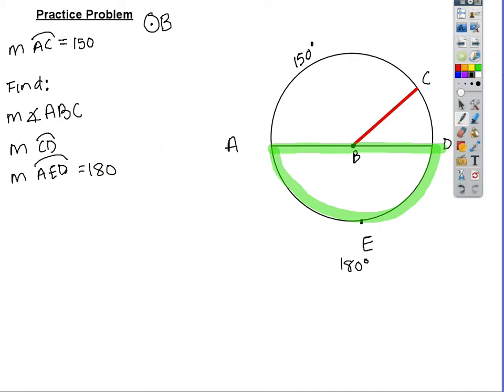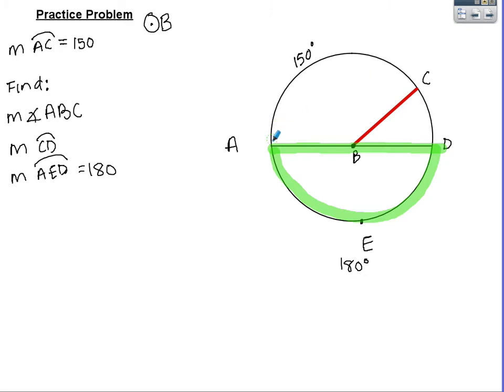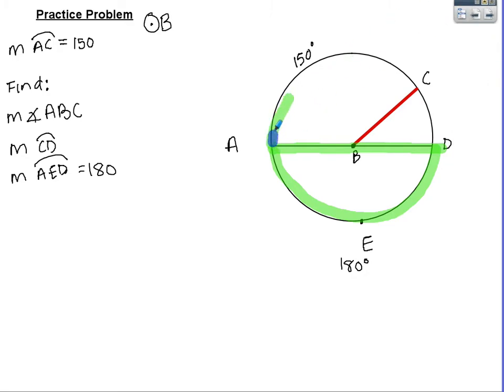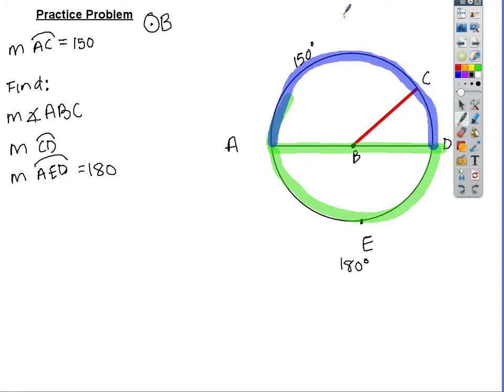We also know on the other side, I'm going to highlight in blue. Everything I've just highlighted in blue is 180 degrees. Similarly, you see a linear pair here. ABC would be 150 because the central angle is congruent to its arc.